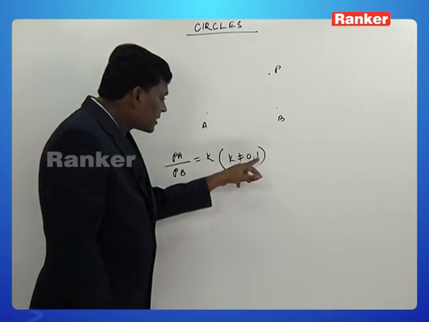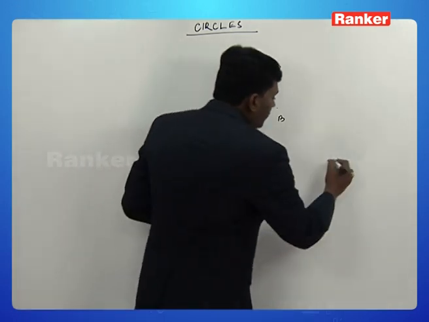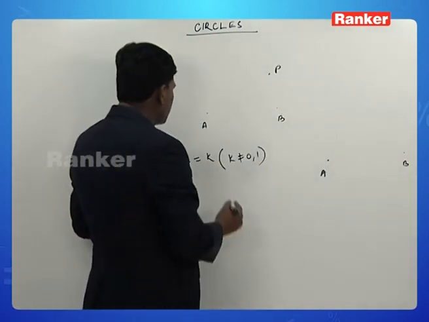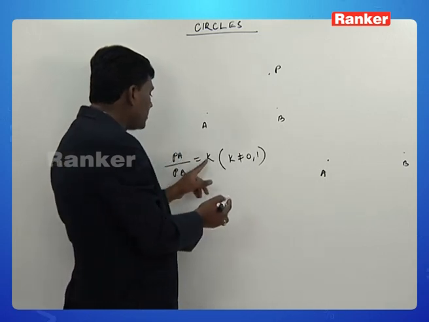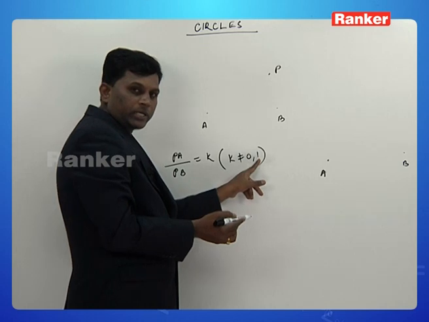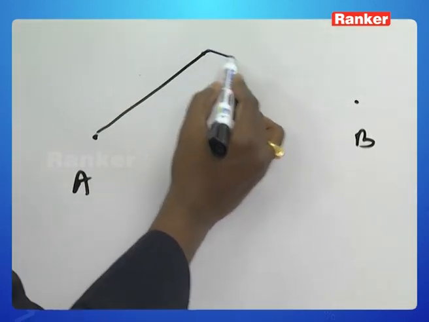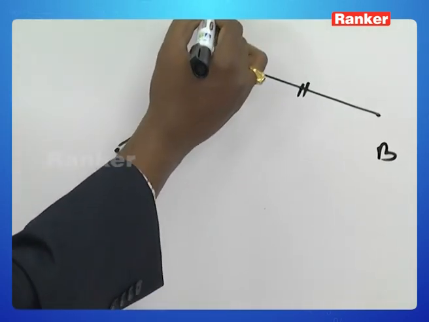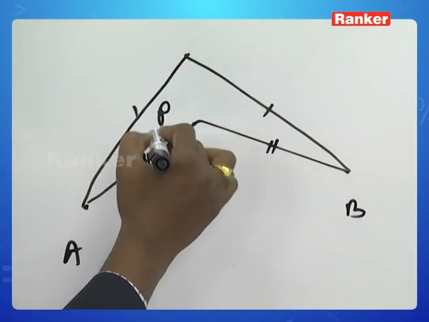Coming to the second condition, not equal to 1. If A and B are two fixed points, P is a variable point moving such that PA by PB equals 1, a special case, you are getting P will be equidistant from these 2 points. Wherever P you take, that is equidistant from these two.